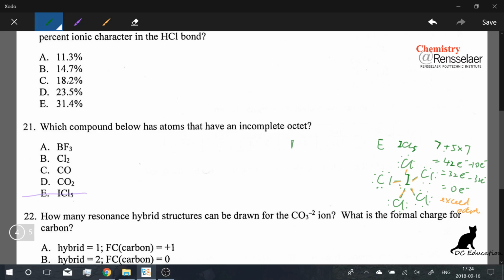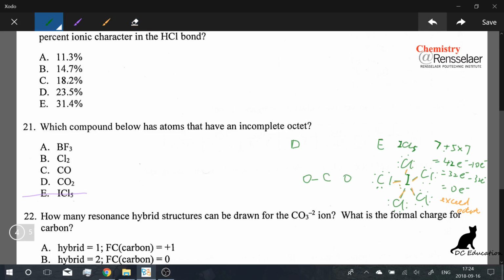And let's take a look at D. It's carbon dioxide. We draw it the same way as E: let's put carbon in the middle and put oxygens around it and connect them together.